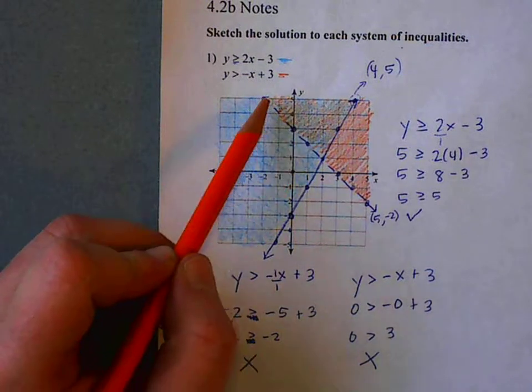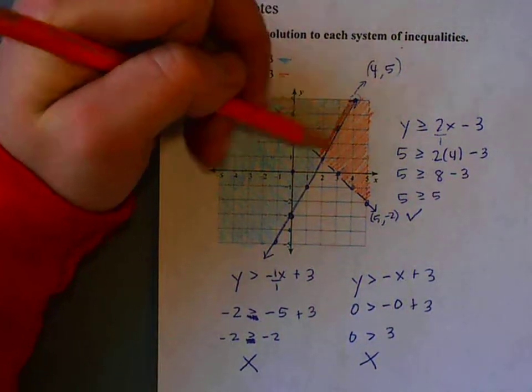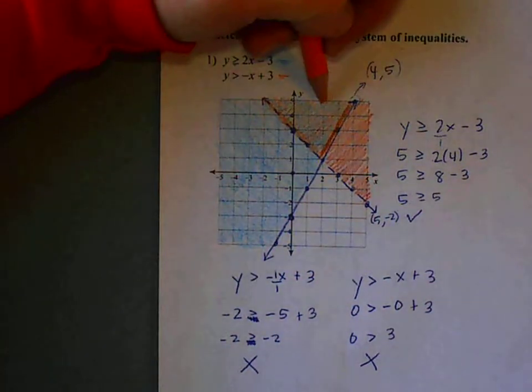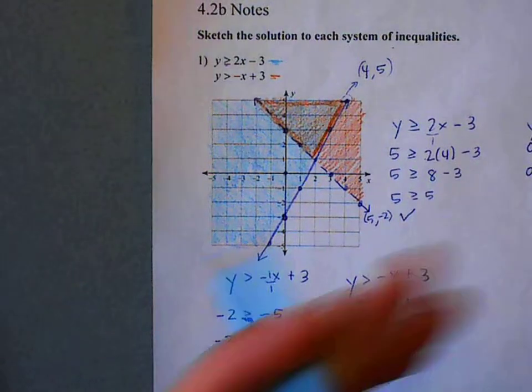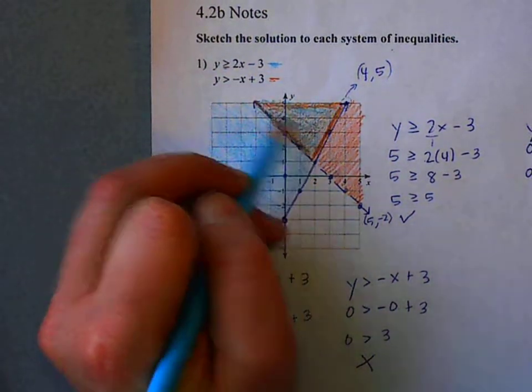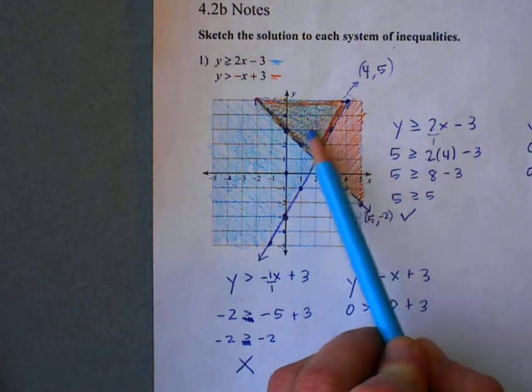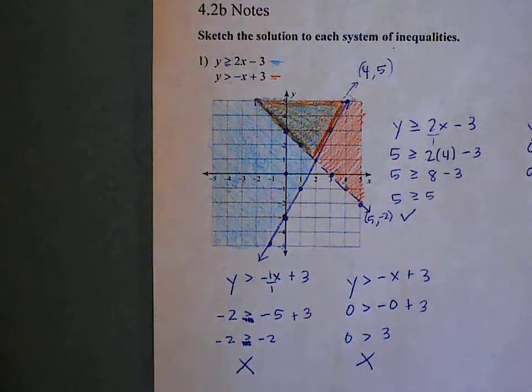Well, I can see that this part right here has blue and orange in it. So I'm pretty sure that this area right there is the spot that makes both of those work. If I picked a point in there and plugged it into both of those, it would make it work.